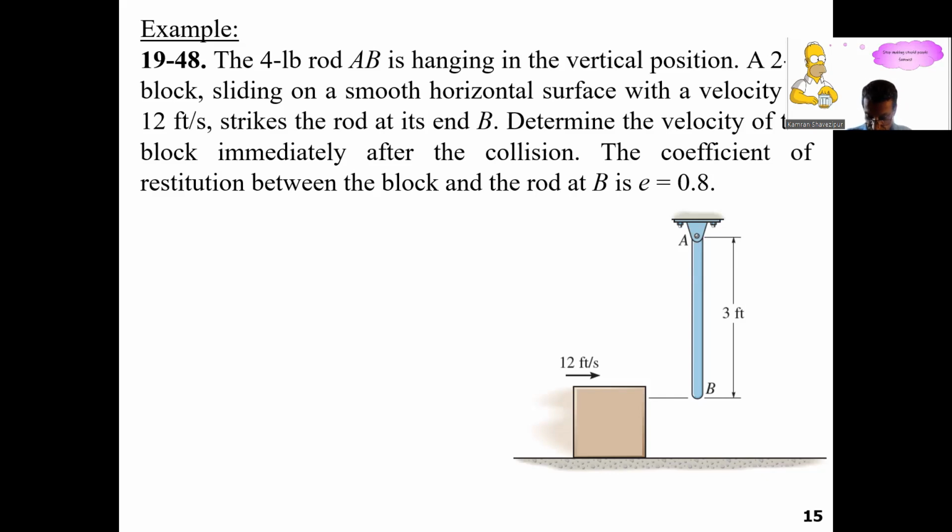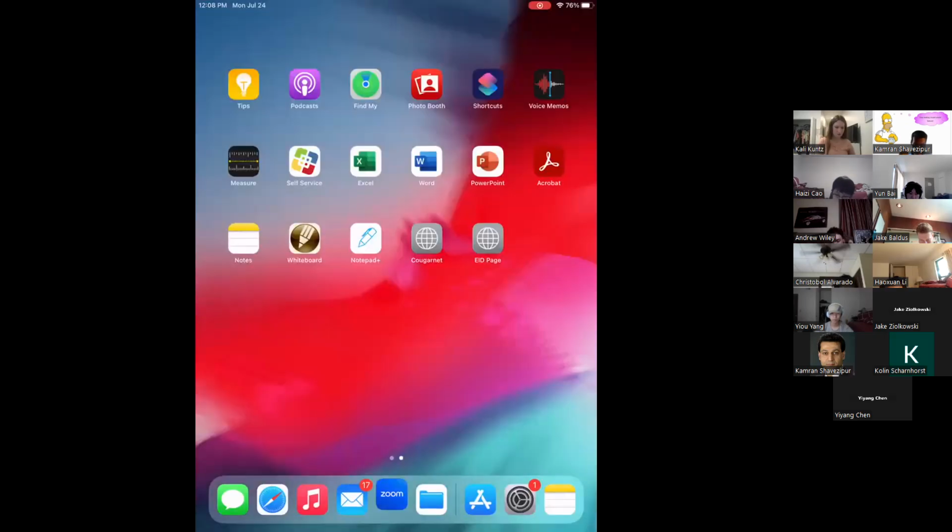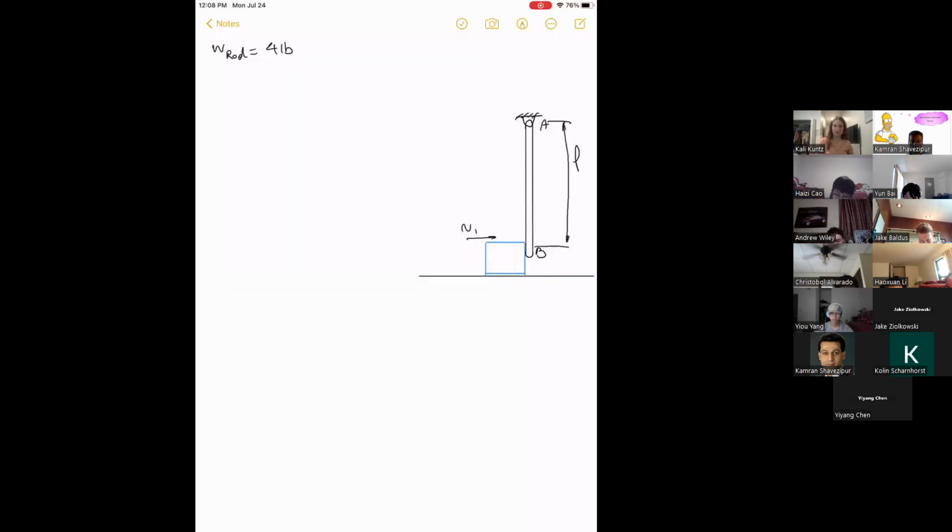Let's switch to the tablet. So the rod has a weight of 4 pounds.